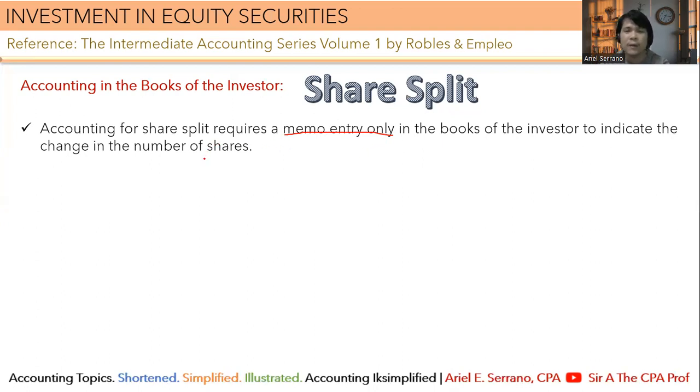Kasi pag meron tayong share split, whether up or down, 2-for-1, 1-for-2, or kung in what manner ang ating split, dadagdagan or nababawasan yung number of shares. Pero technically, from the point of view ng issuing company, hindi naman nabago yung equity mo.